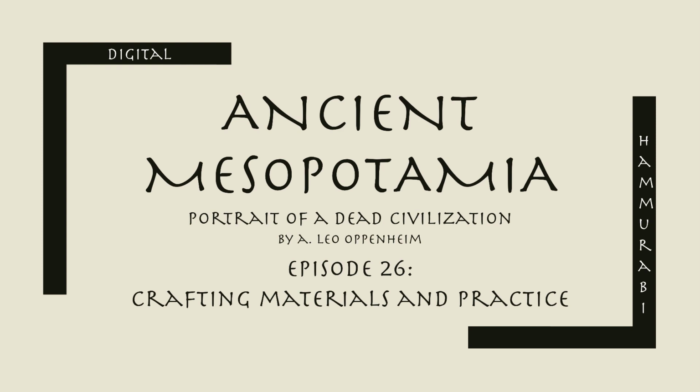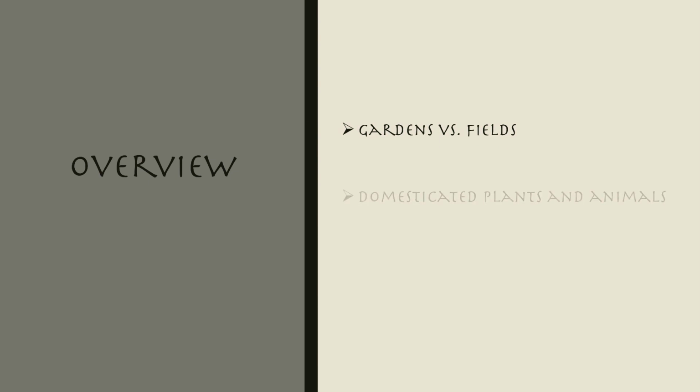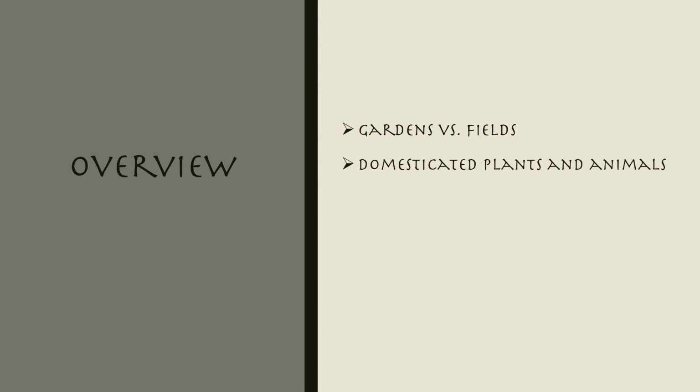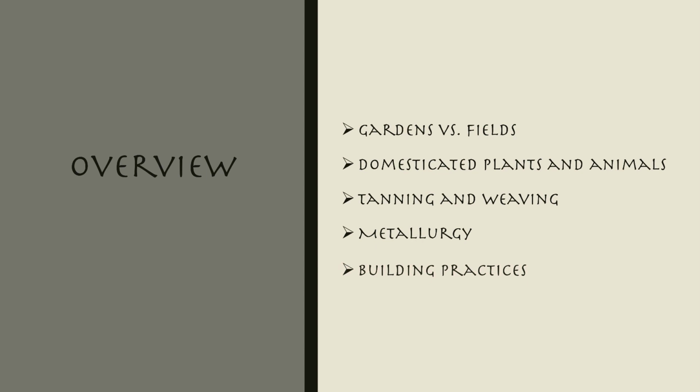So it's a fitting end to our series by A. Leo Oppenheim on ancient Mesopotamia and introduction. So we're going to look at gardens versus fields, domesticated plants and animals, tanning and weaving, just very general things about them, metallurgy, and then finally some of the building practices that are found in Mesopotamia.